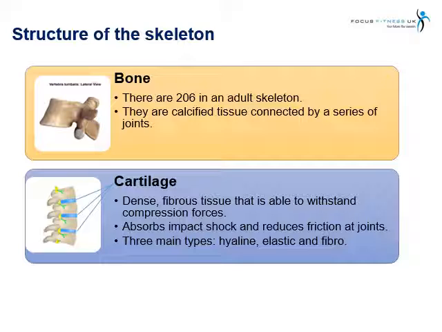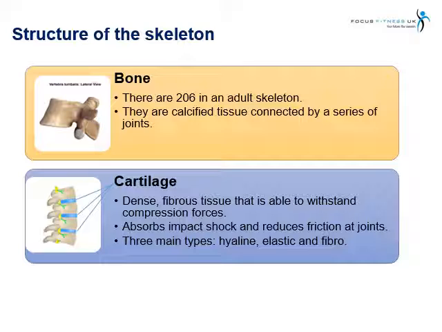Cartilage also still exists, and it can be known as a dense fibrous tissue. It's able to withstand compression force. You get it in various parts of the skeleton, and its main jobs are to absorb shock and reduce friction and just help the skeleton move properly how it should. The three main types you find: hyaline cartilage, which you'll come across later on the ends of bones, helps it to move smoothly.